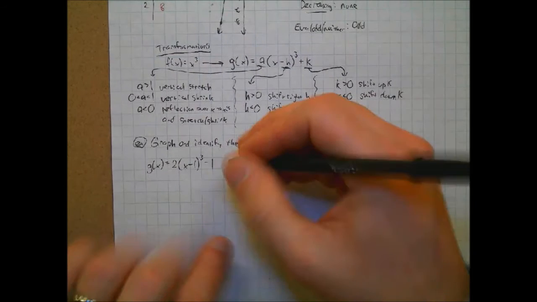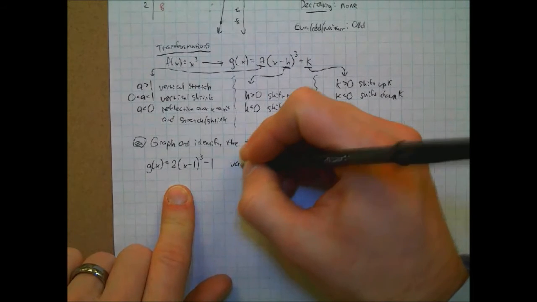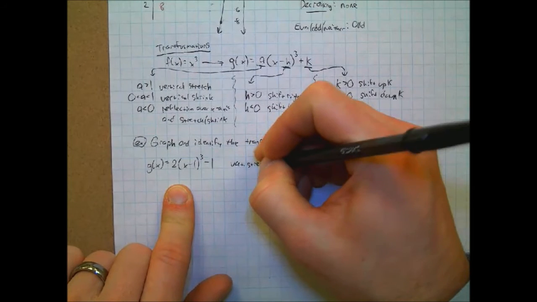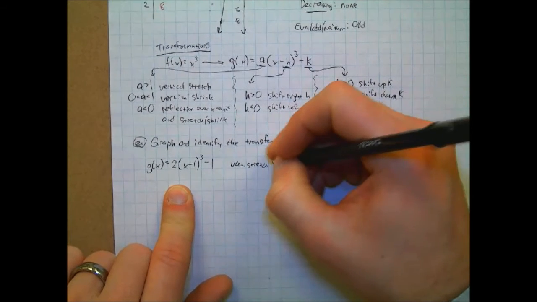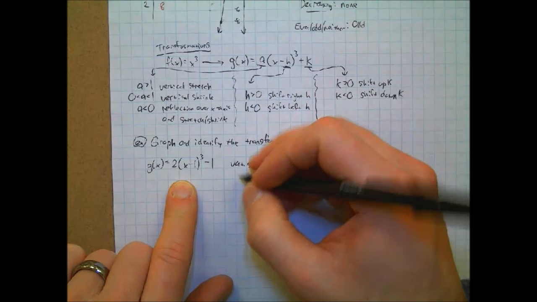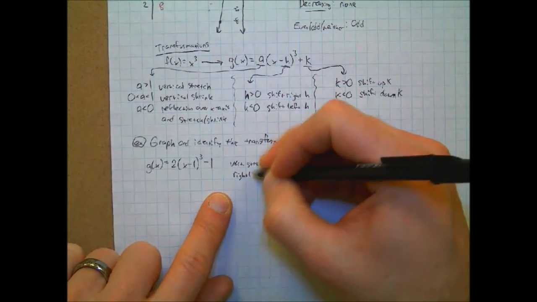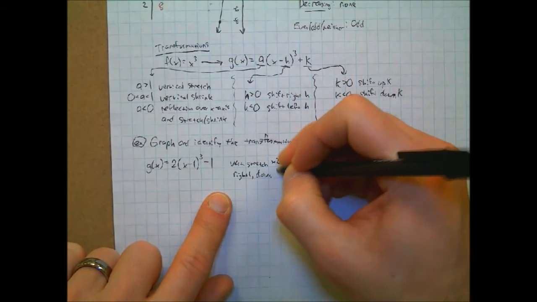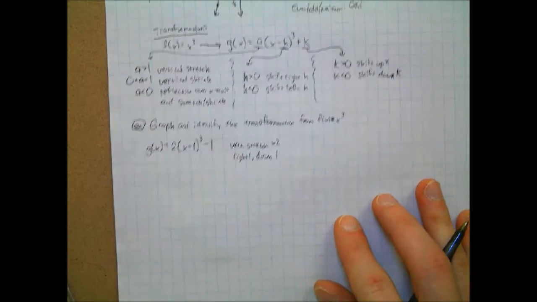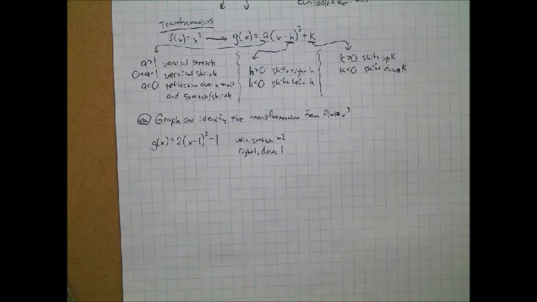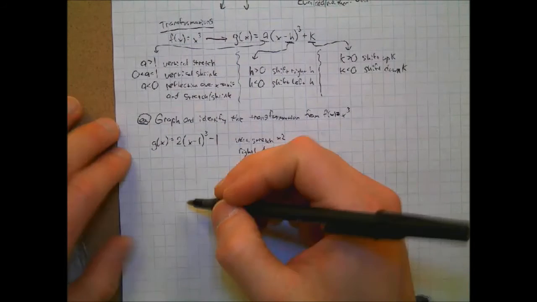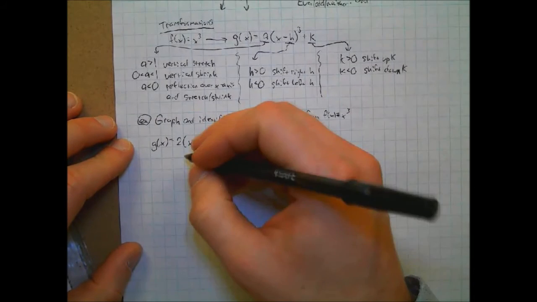Okay, well, let me talk about this. So vertical stretch times 2. Let's go through this example, just to make sure you can get it right, okay? We'll go right 1 and then down 1. Okay. Alrighty. So I'm going to just use this whole space right here.